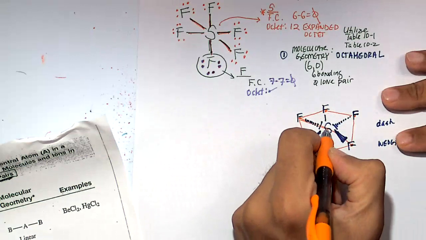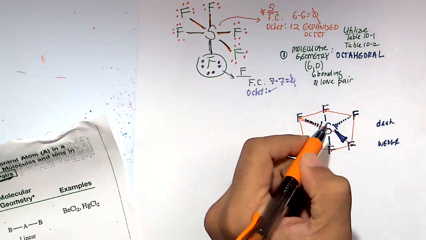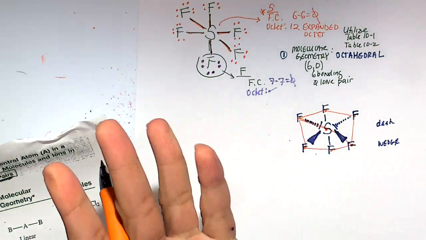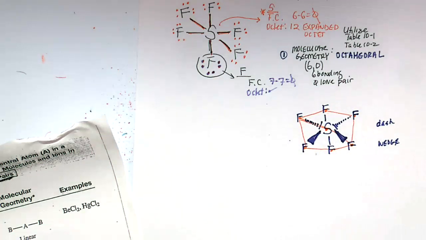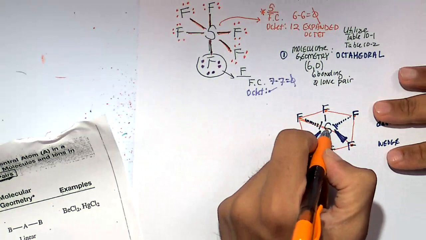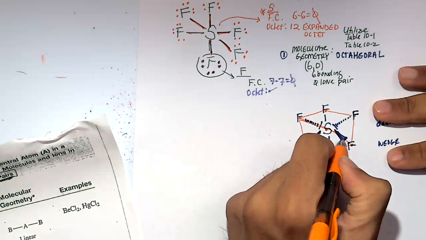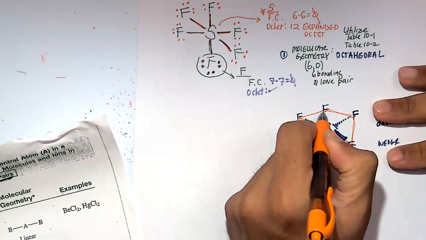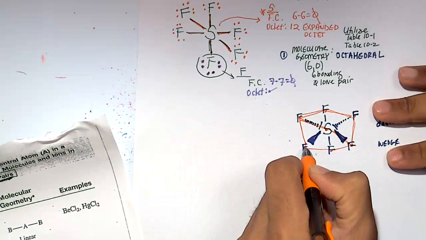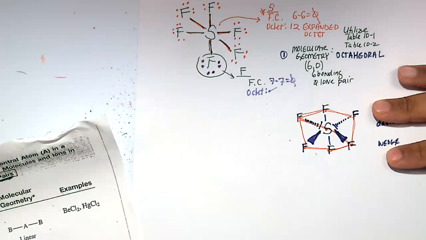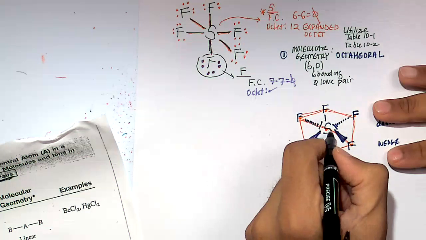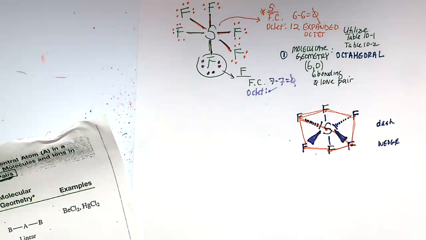I don't know how good you guys are at seeing things in 3D. Some of you have it, some of you don't. I do not have it, but it's like looking down at a pyramid. The octahedral comes from 1, 2, 3, 4, 5, 6, 7, 8. Again, we're just trying to draw things in 3D on a flat piece of paper.